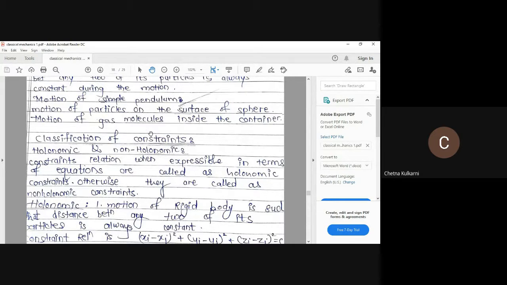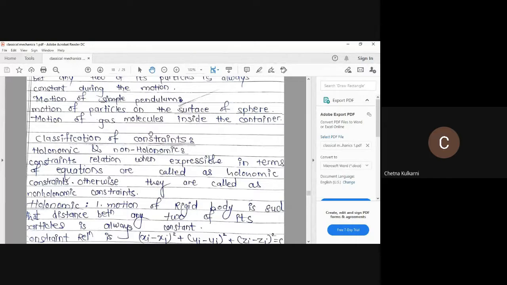First is holonomic, second is non-holonomic, third is scleronomic and fourth is rheonomic. Now let us go one by one. What is a holonomic constraint, non-holonomic constraint, scleronomic and rheonomic? I hope there is no problem related to my teaching or anything else. If you have, you can tell me at any stage, right?